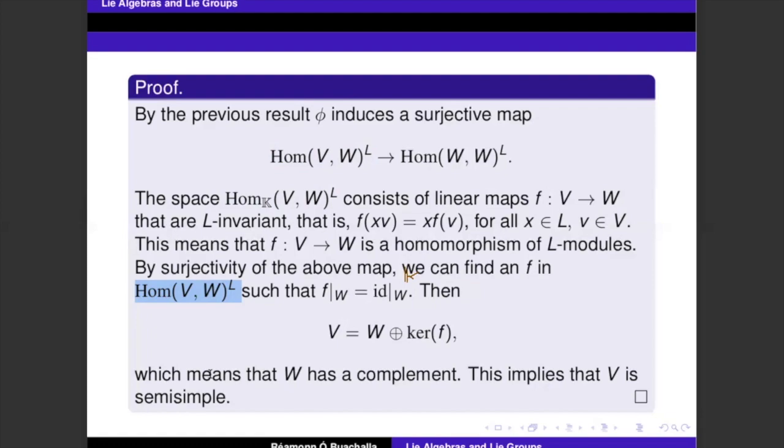All right. And then we know that V is just going to be equal to W plus the kernel of F. And because F is an L module map, this is going to be a complement.